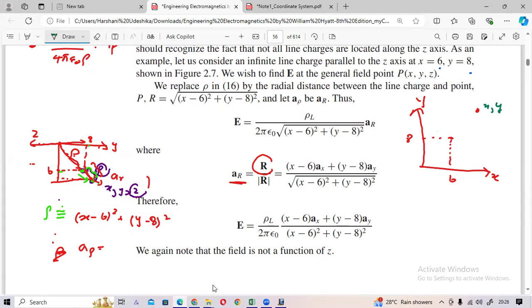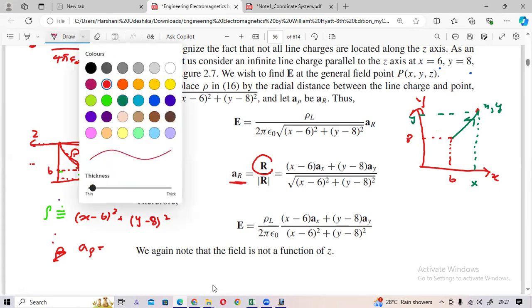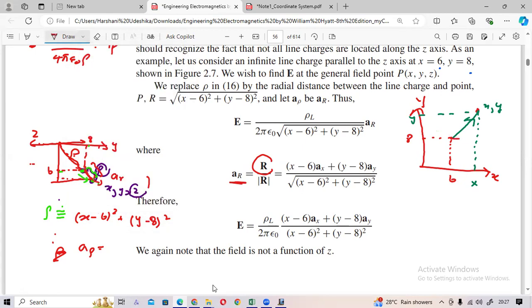Now you need to find the vector distance from here to here using vectors. This is the vector in the x-axis, and this is the vector in the y-axis. If you add this x-axis vector to this y-axis vector, that is the resultant vector.